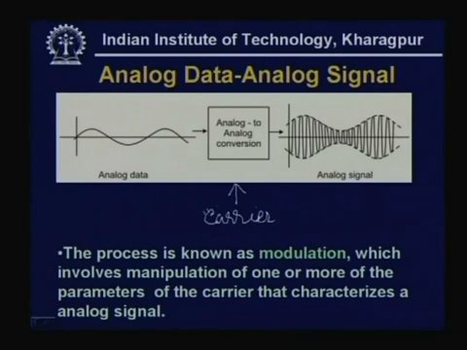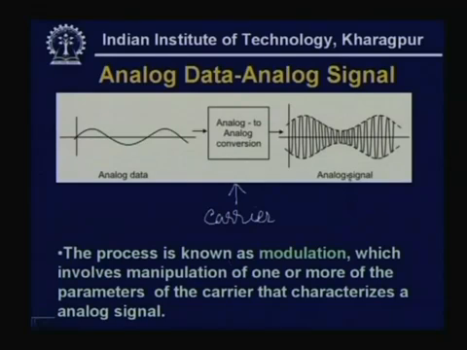And this carrier is essentially a sinusoidal signal. As you know, whenever a particular analog signal is sinusoidal, there are three important parameters by which the signal can be characterized: the amplitude, phase and frequency.